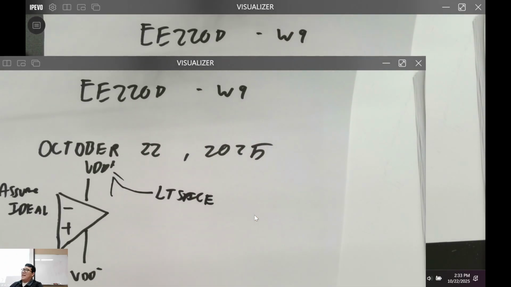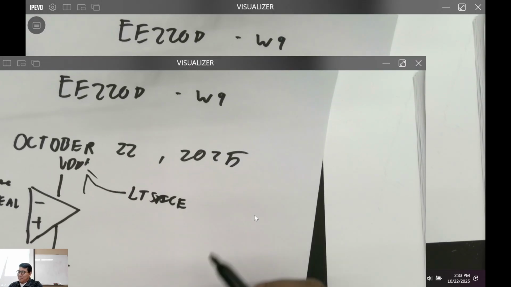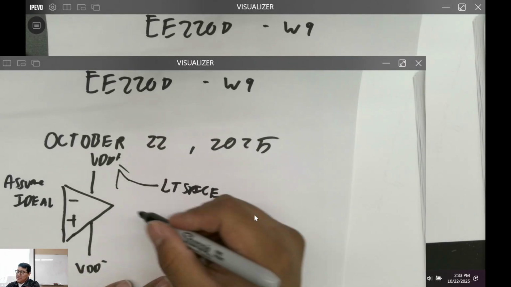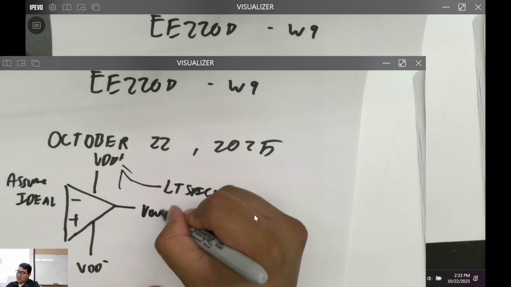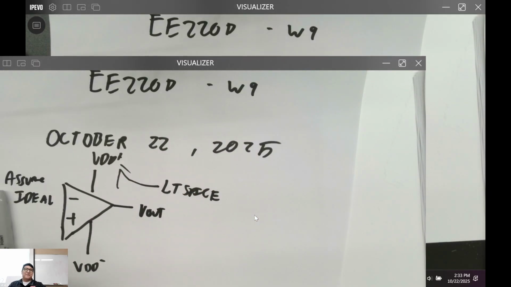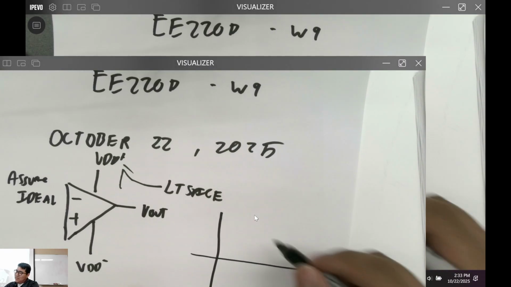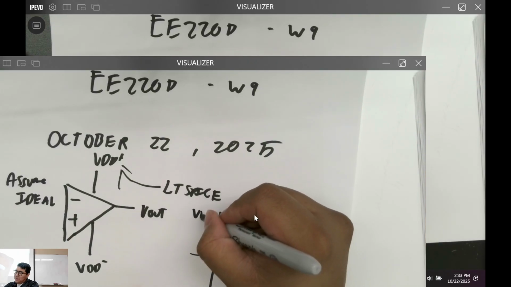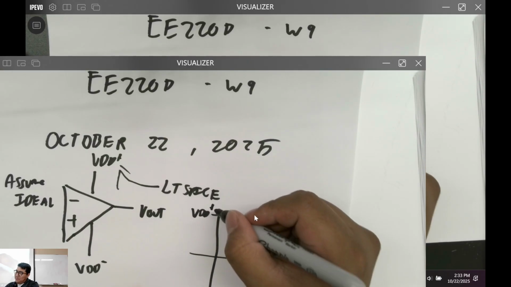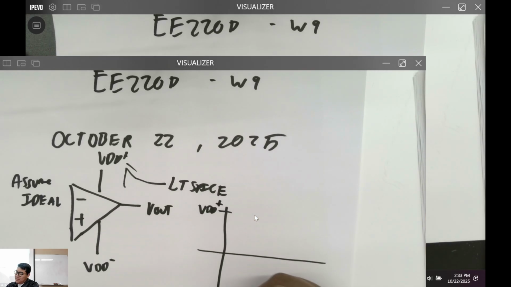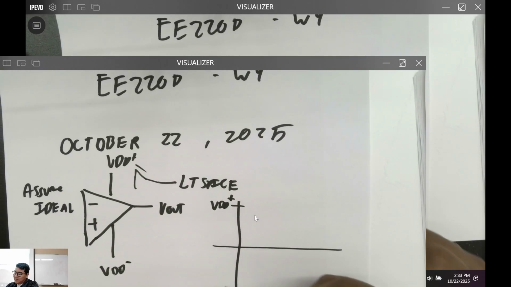You need to add your power supply. So I'm going to show you something about this output. If this were V out, I'm going to color it something different. Let's just do this plot, and then VDD plus, sorry, then this is VDD minus, correct?